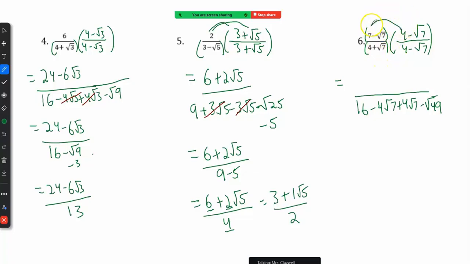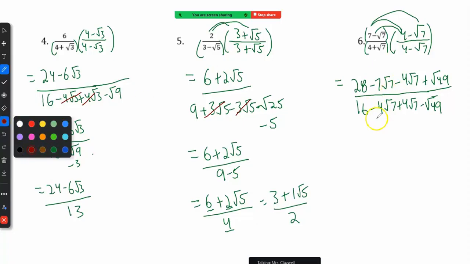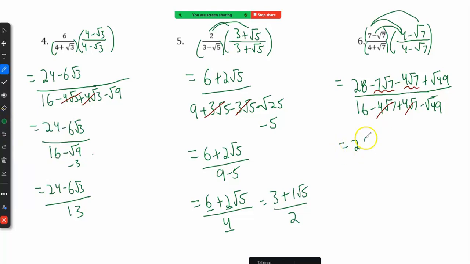Here I double distribute: 28 minus 7 square root 7 minus 4 square root 7 plus square root 49. So these two cancel out, and these can be combined. Ooh, not 13, that's an 11, my bad.